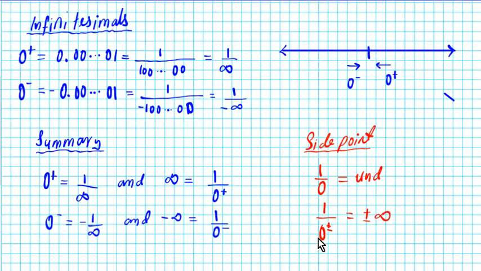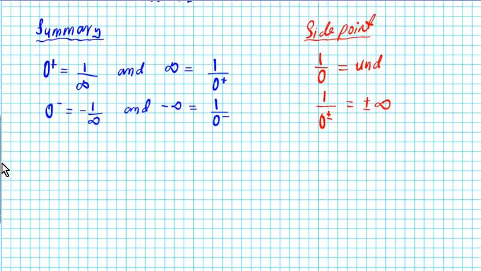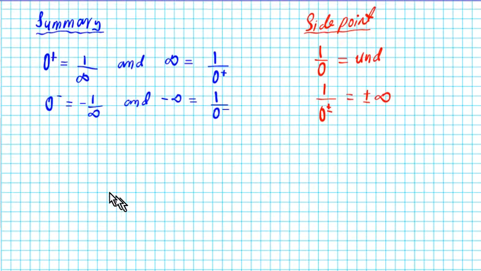So 1 over 0 represents positive infinity and negative infinity, so which one are you going to pick? You can't pick any one, so that's why it's described as being undefined. But if you want to be technical, the answer is actually plus or minus infinity, if the direction is not specified. Okay? Now let's try out some exercises using infinitesimals and infinity.